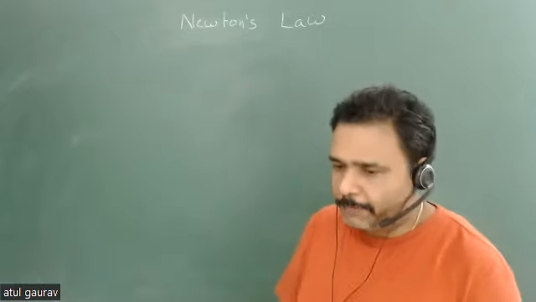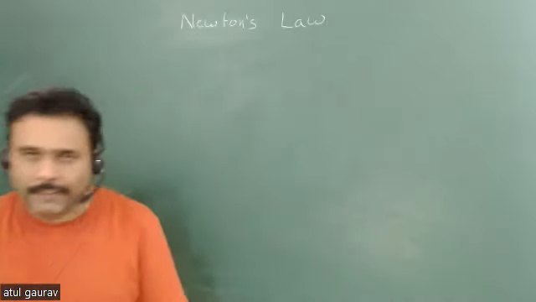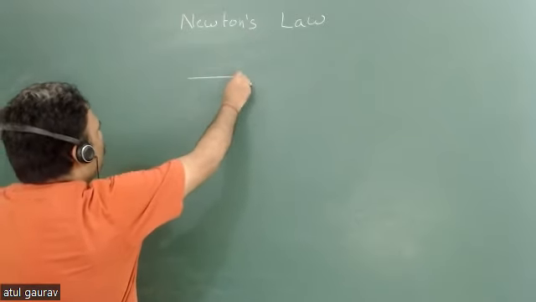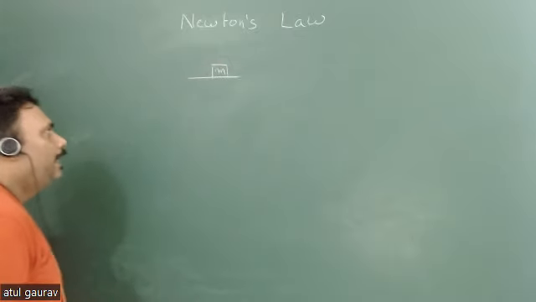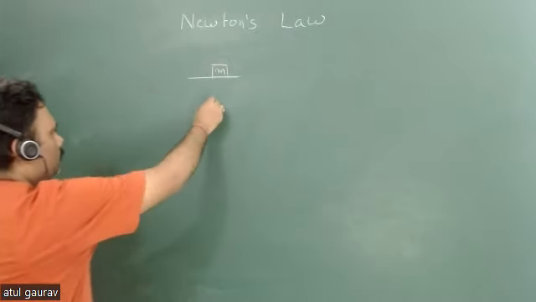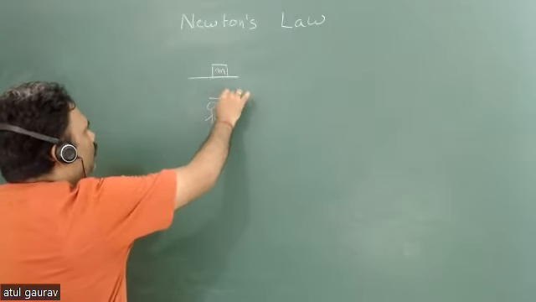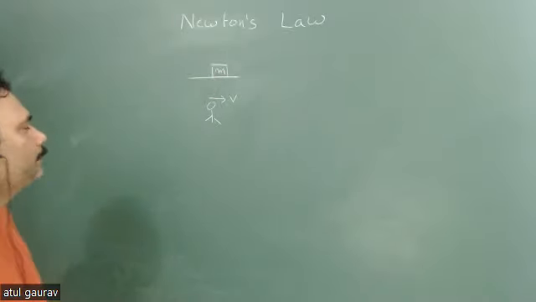Okay, so what is this particular thing? Let me explain it in a very nice way. Suppose we have a mass, and there is an observer, and suppose this observer is moving with constant velocity v. Then what will happen to this mass?